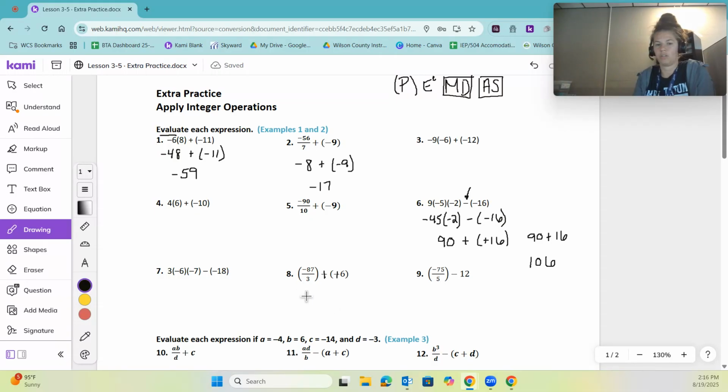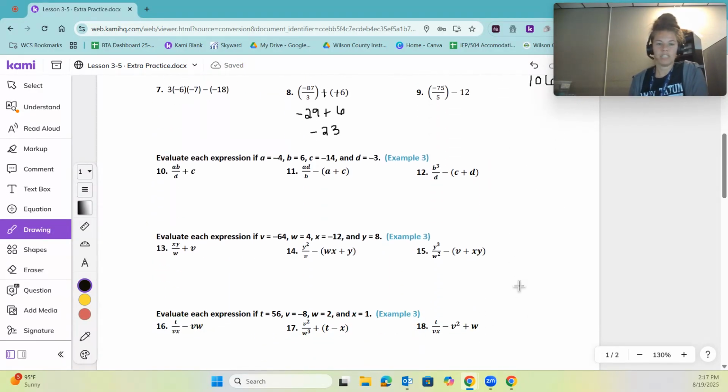So don't forget your subtraction rules there. Okay, so you'll do -87 divided by 3 gives you -29 plus 6, and that is going to give you -23. Okay, and then you can try number 9 on your own.